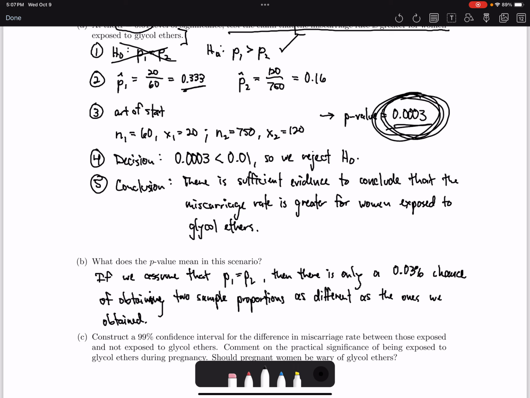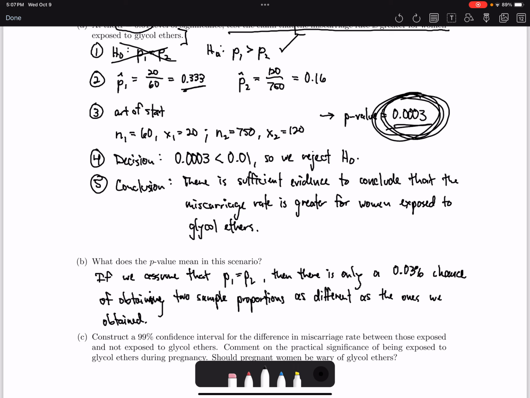That's exactly what the p-value is measuring, right? So it is possible that that's what's going on here, but it's very unlikely, assuming that good sampling methods were used, right? It's very unlikely that we're getting proportions that are so distinct.